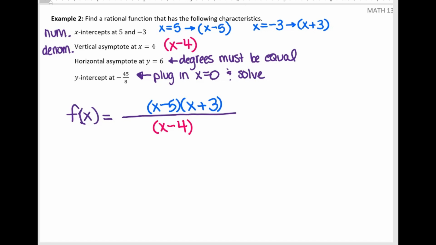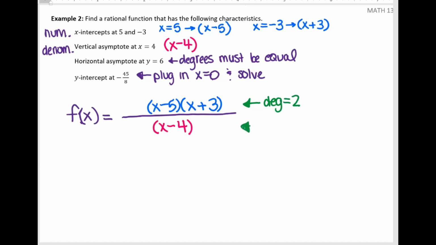Notice that our horizontal asymptote of y equal to 6 said that our degrees must be equal. Right now, the degree of the top, or the numerator, is degree 2.